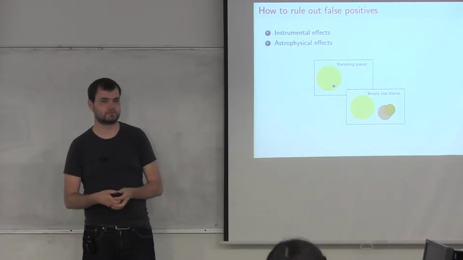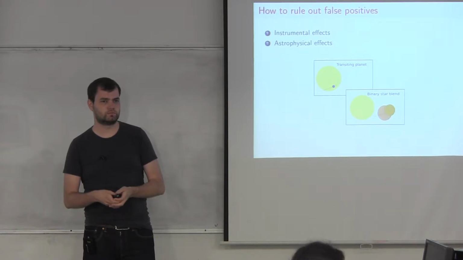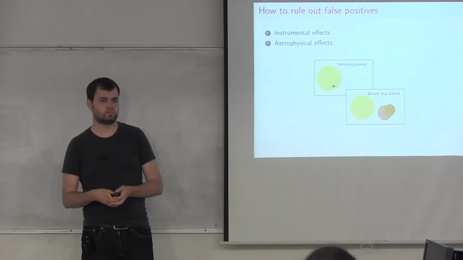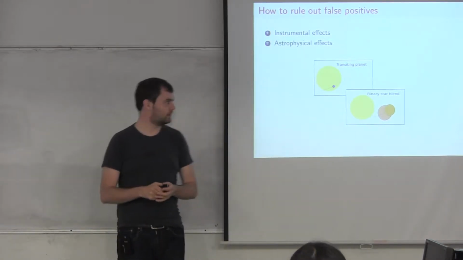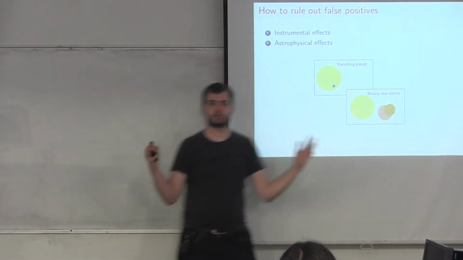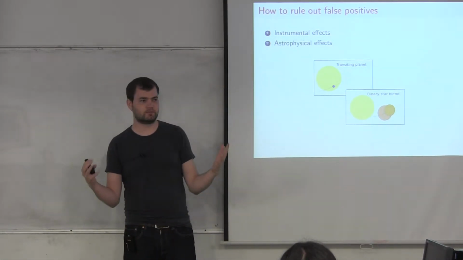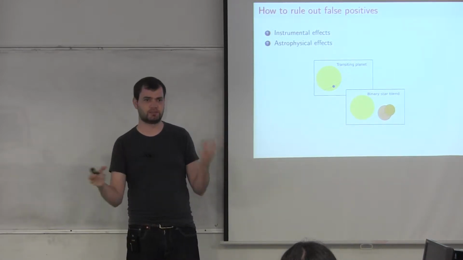Yes? Even if we do the statistics that you mentioned, it could actually look exactly the same as a planet? Yes. So an eclipsing binary, for example, in principle, the physical effect, what's happening, is exactly the same thing. It's two bodies eclipsing each other.